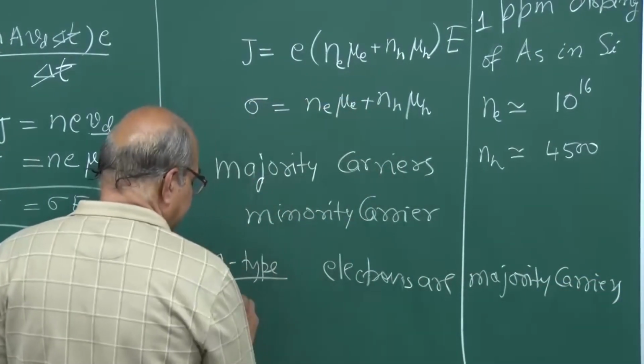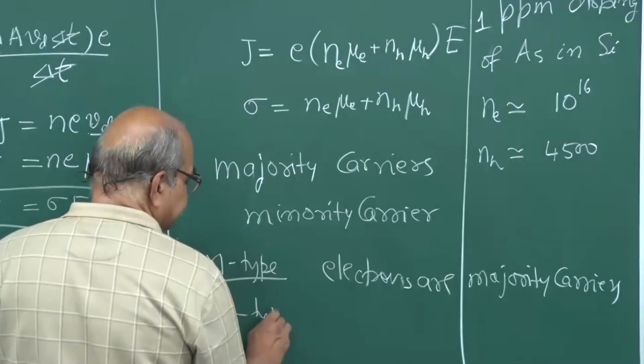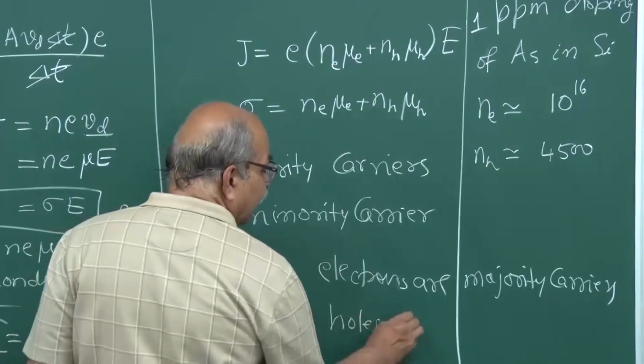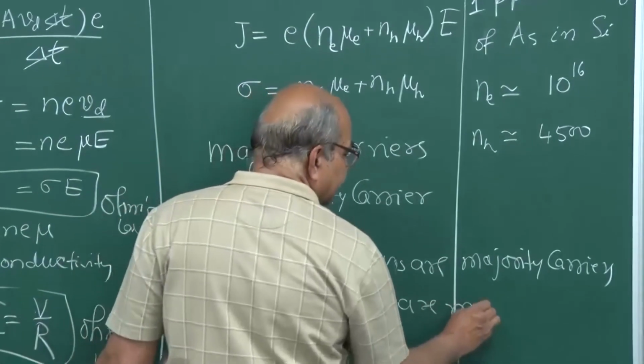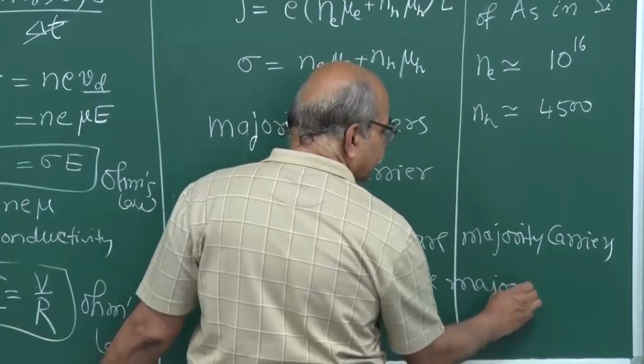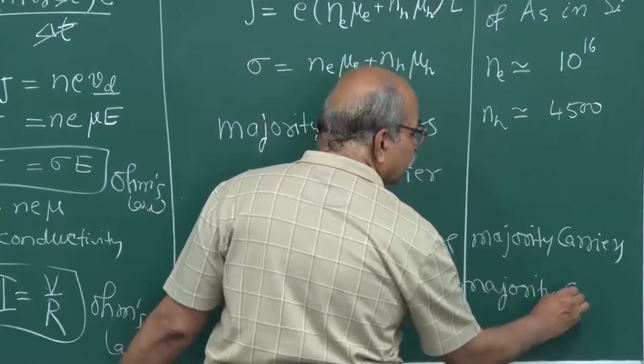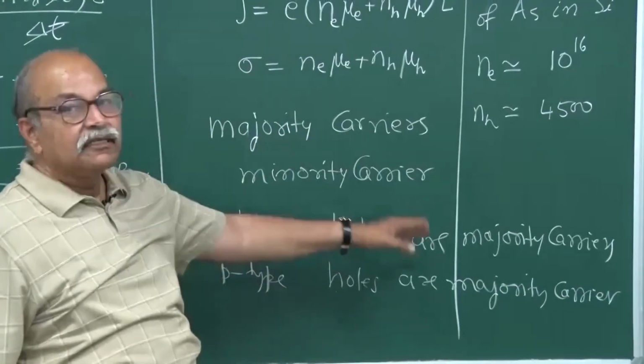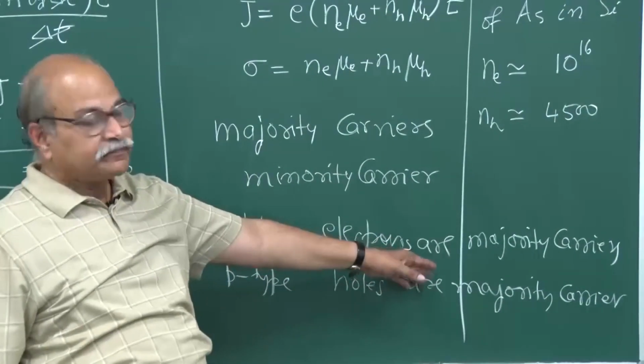And for P-type, these holes are majority carriers. And the other one is a minority carrier.